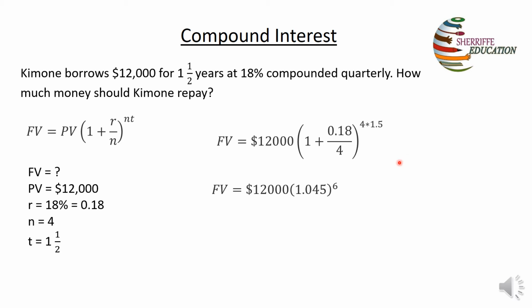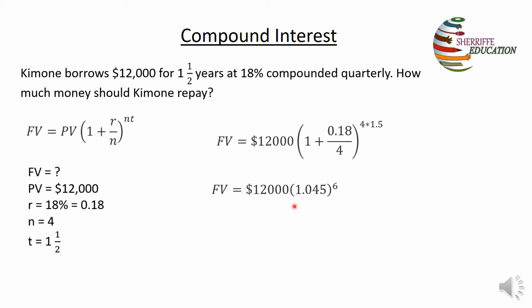Calculating the bracket, 1 plus 0.18 divided by 4, we can simply say 0.18 divided by 4 and then add that value to 1, and we would get 1.045, and 4 times 1.5 is equal to 6. Now this is just a matter of using our calculators.